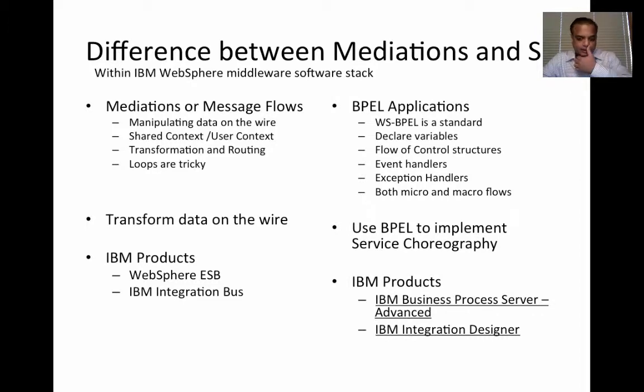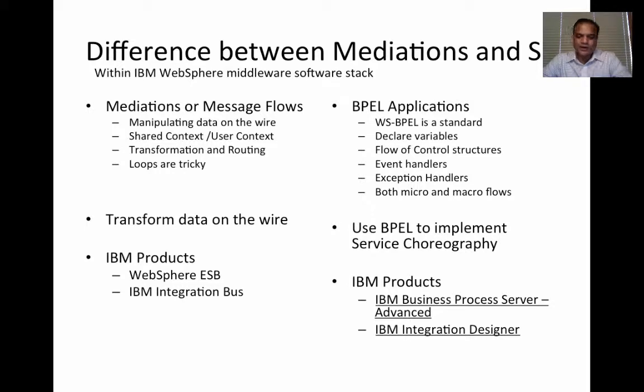BPEL, on the other hand, is more like a programming language. You can declare variables, create flow of control structures such as if, then, else, and loops. You can add event handlers and exception handlers. Also, and finally, you can create both micro and macro flows. Since it's more like a programming language, you can use it to implement composite applications.